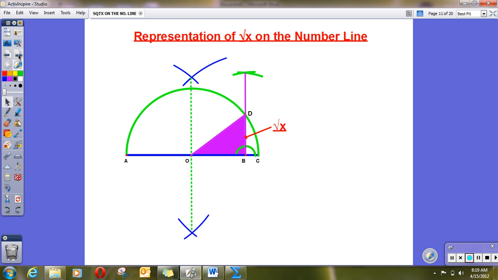Then, with the use of a compass, on point B, we constructed a perpendicular BD, where D is the point touching the arc AC. With this, we have got a right triangle OBD.